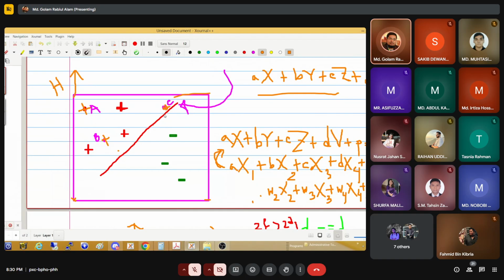If we tilt the hyperplane a little bit, like this way, then we can see that C is actually negative.